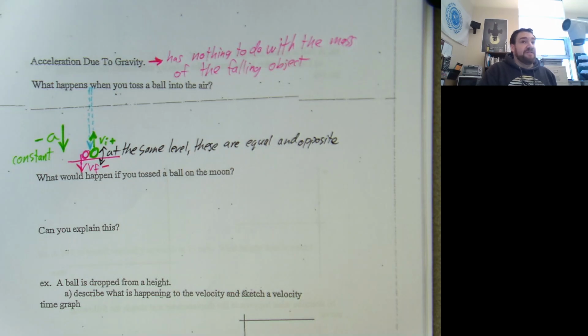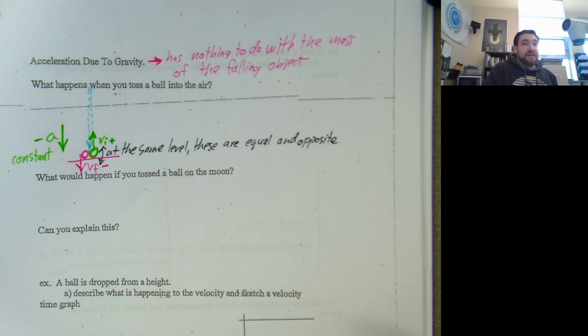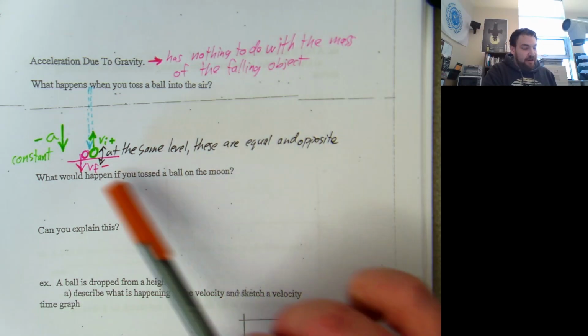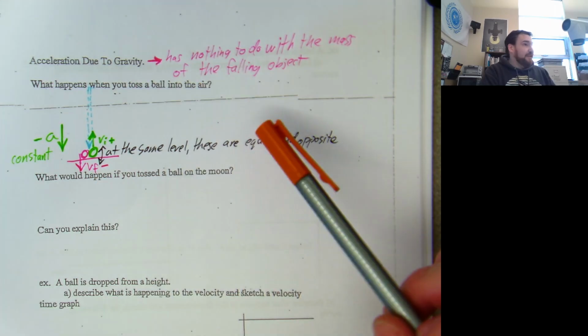All objects, regardless of mass, and ignoring air resistance, that's why I put the paper on top of the book. If we're able to ignore air resistance, gravity will affect all objects equally. So it didn't matter which of the 3 balls I tossed into the air, they all went up and went down at roughly the same rate.